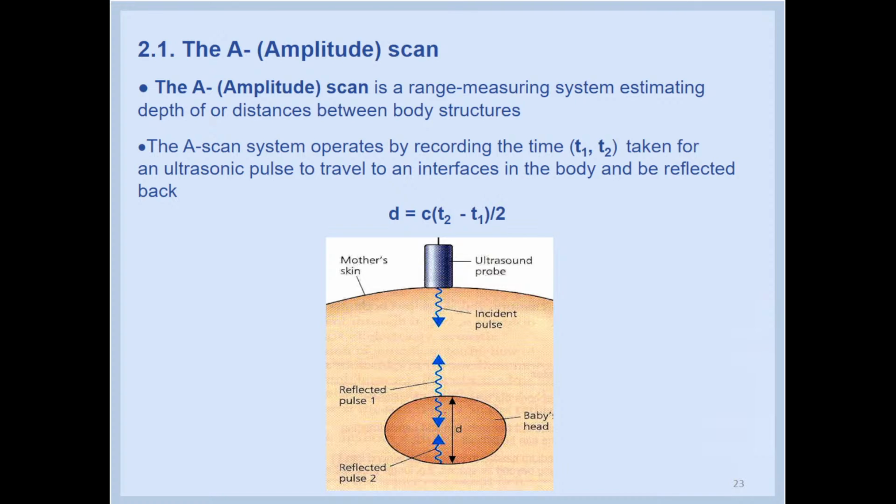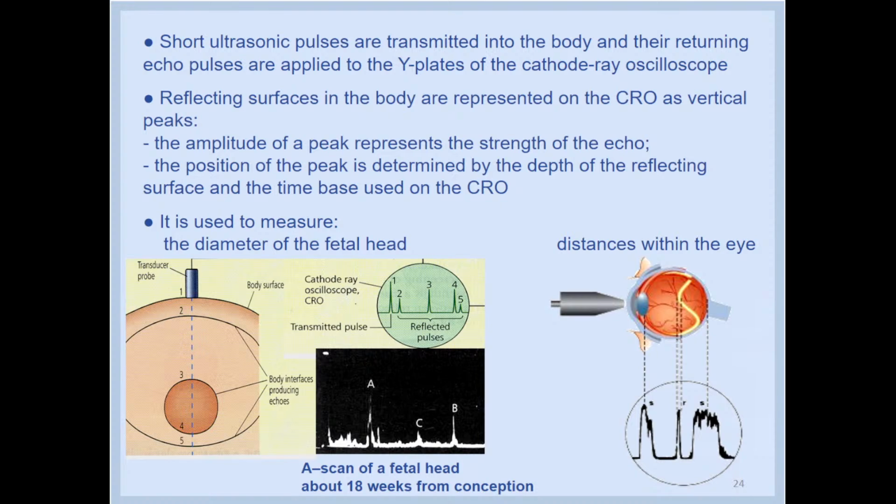And look how the A scan is provided. Look here. The short ultrasonic pulses are transmitted into the body, and their returning echo pulses are applied to the Y plates of the cathode ray oscilloscope.